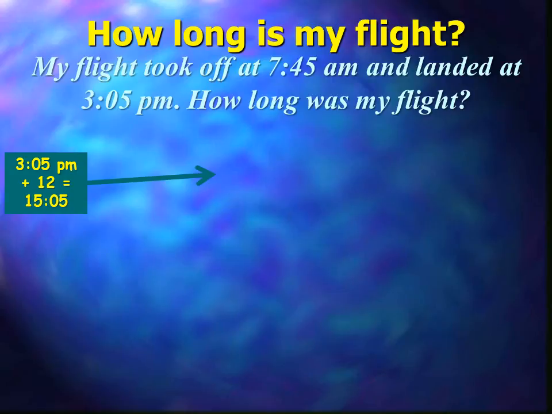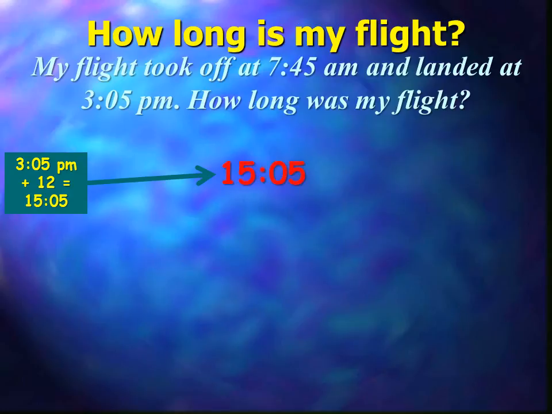Remember that when we are doing subtraction like this, we need to convert our PM time into military or 24-hour time. So 3:05 PM plus 12 hours, remember, equals 15:05 hours.